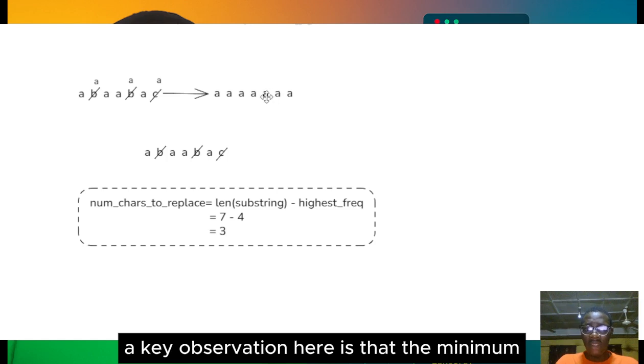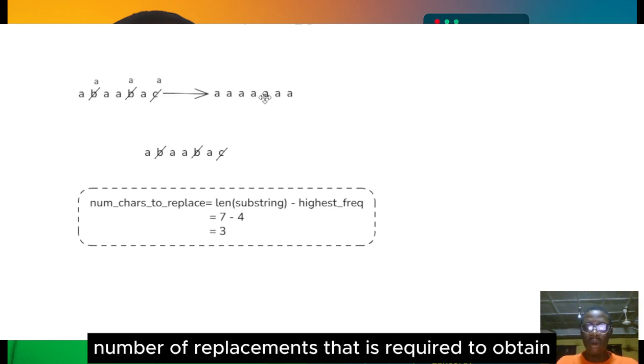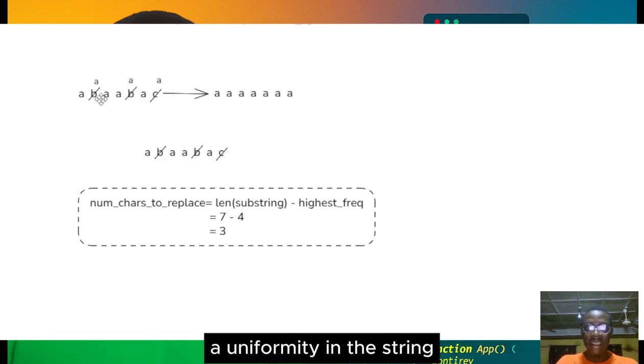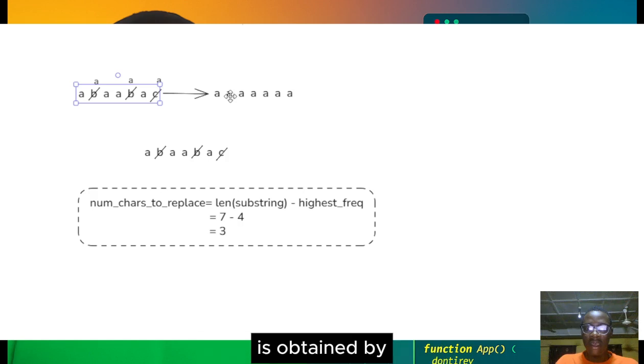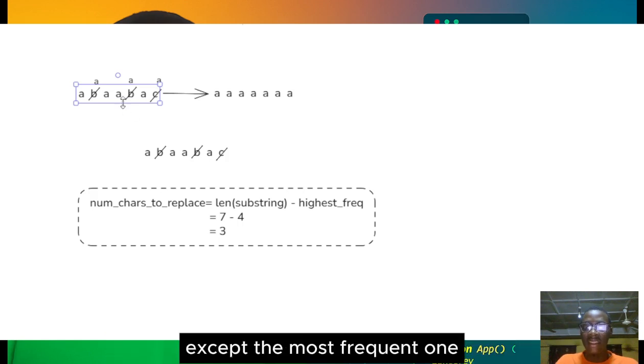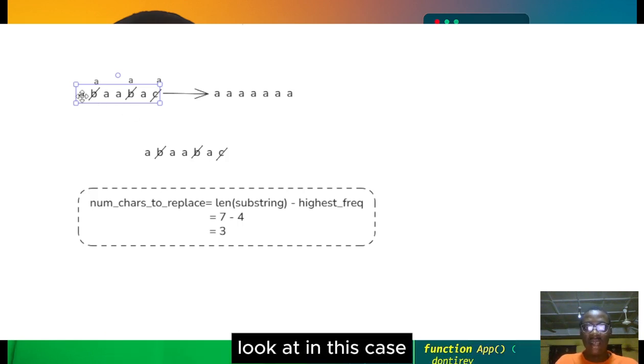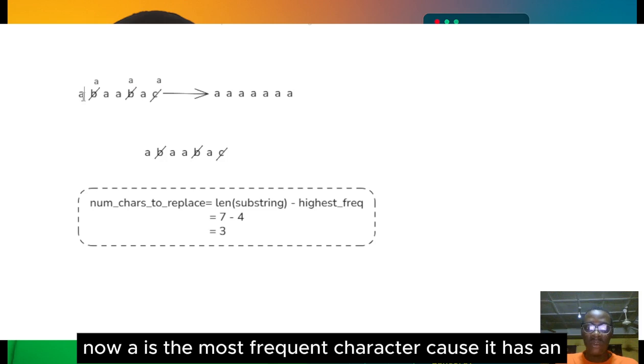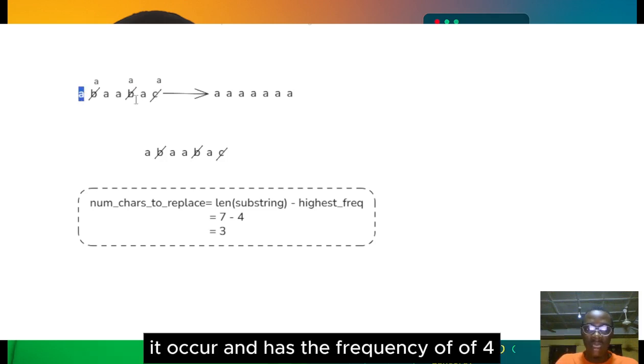A key observation here is that the minimum number of replacements required to obtain uniformity in this string is obtained by replacing every other character except the most frequent one. In this case, A is the most frequent character because it has a frequency of 4.